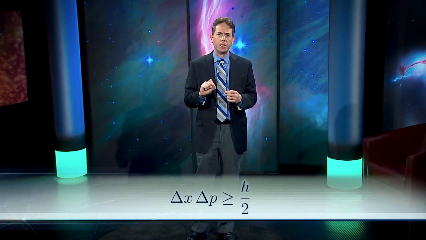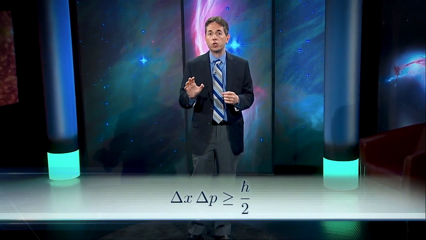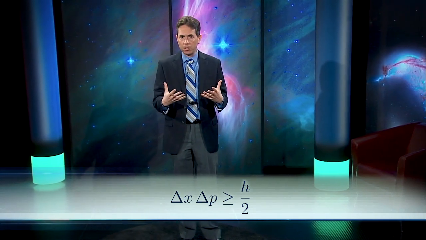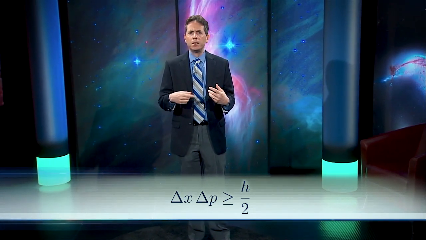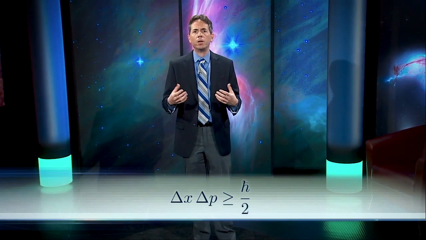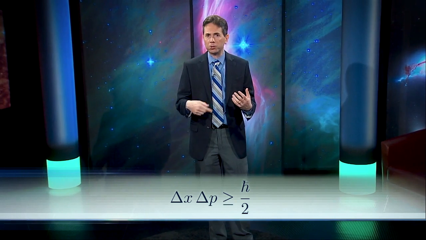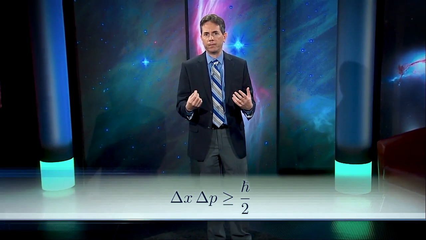Mathematically, we say delta x times delta p is greater than h bar over 2, where delta x is the spatial extent of the cloud, and delta p is the extent of the momentum cloud. It's the range in the possible values of momentum that the particle might have if you measure it.